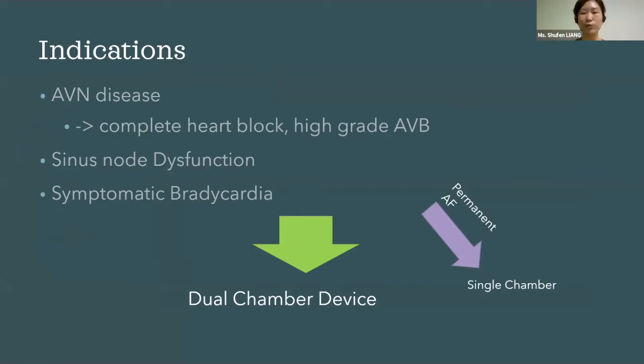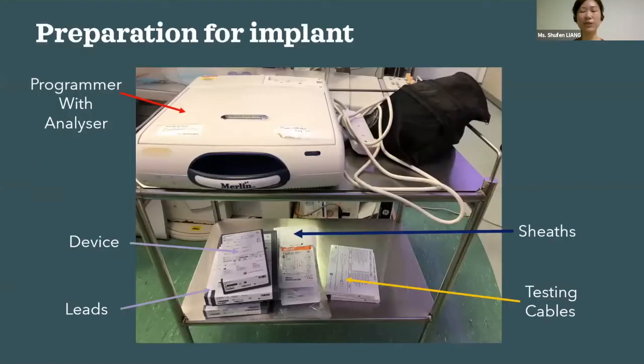So then we have to choose whether we want to put a dual chamber device or a single chamber device. So usually the doctors might be the ones that select the devices, but nowadays usually we do put in a dual chamber device for the patient, unless of course they have permanent AF, then a single chamber device would be chosen for them.